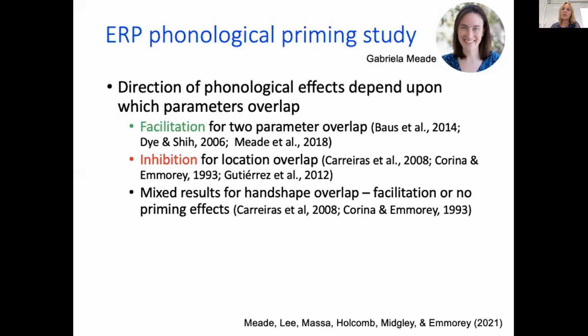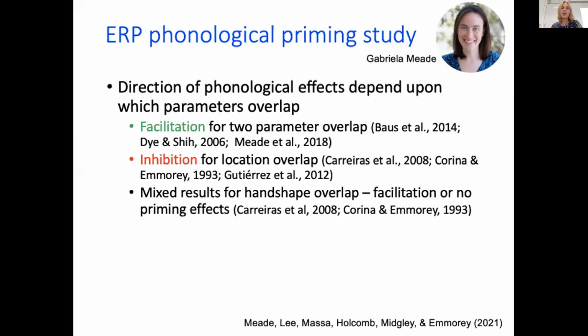Lots of studies have shown that if you have two parameters, so location and handshape or movement and location, you tend to see facilitation. If a prime shares two parameters with the target, you're going to be faster at recognizing that target, let's say in a lexical decision experiment. And you'll also see a reduced N400 for the related targets compared to the unrelated targets, indicative of facilitation.